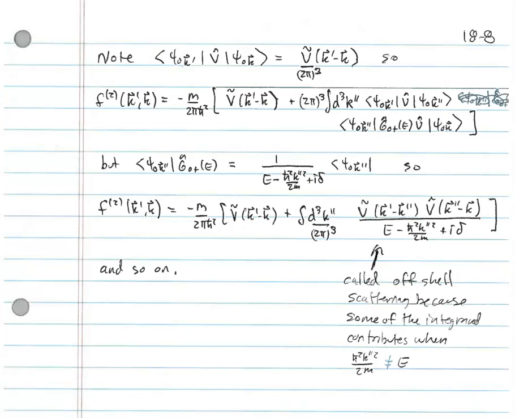Now, if you ever go further and study quantum field theory, this becomes a big deal in looking at particle scattering, which is a bit more complicated than potential scattering, which is what we're looking at here, but it still has the same concept of on-shell or elastic scattering versus off-shell scattering.